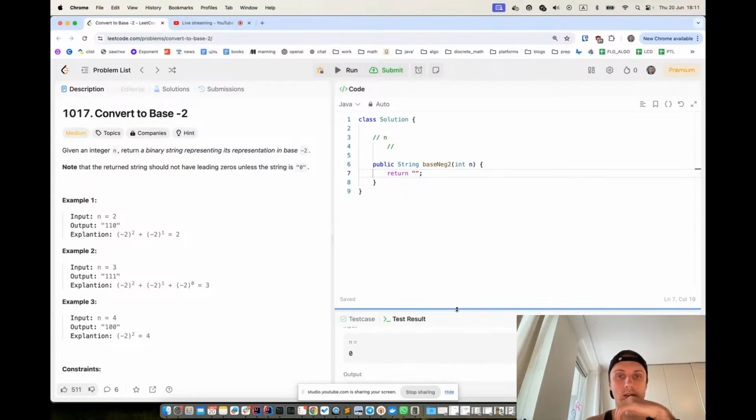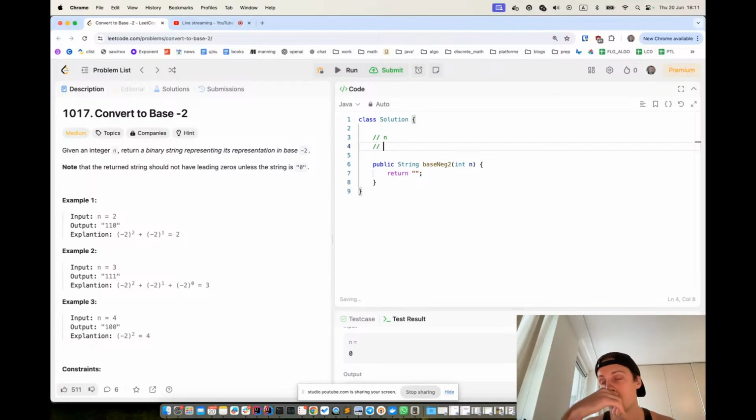Good. So let's take a look how we can do this. We know that 10 to the 9th power is 1 billion, right?